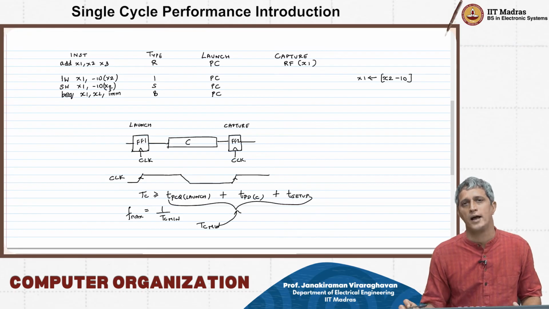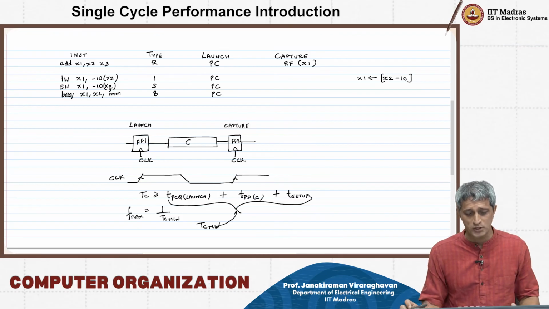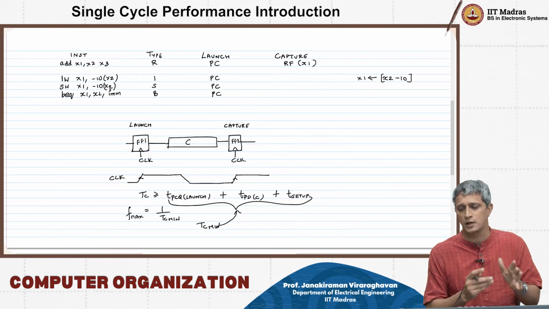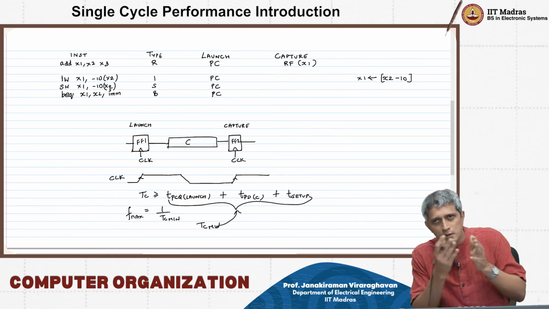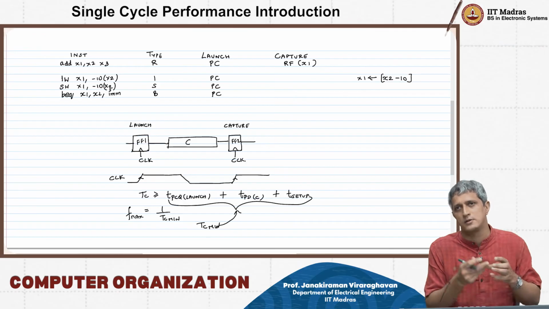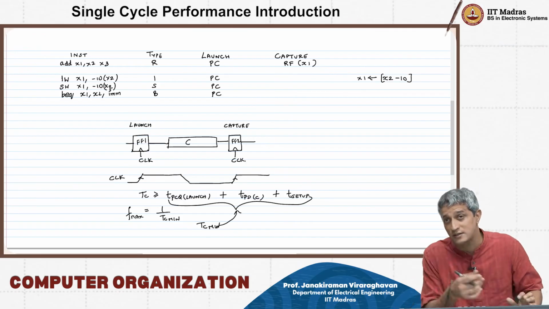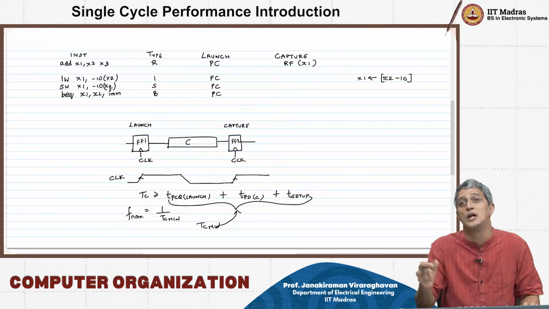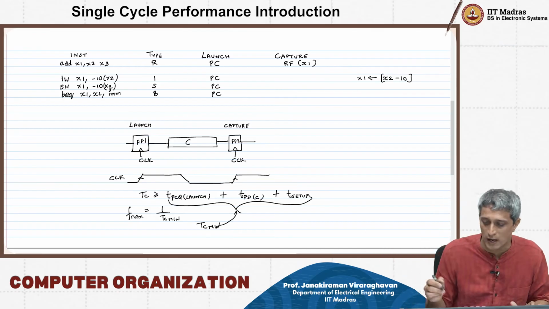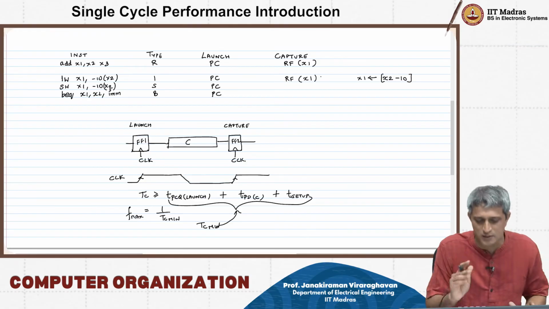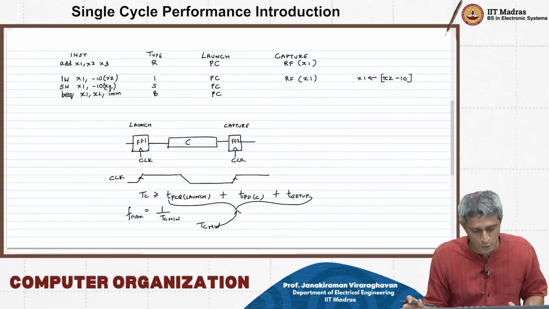If you want to do this, then effectively what you need to do is get the register data out of x2 first, then subtract this immediate data, treat that as an address, fetch it from the data memory, then you come back and write. So again, the capture flop in this case is the register file, x1.